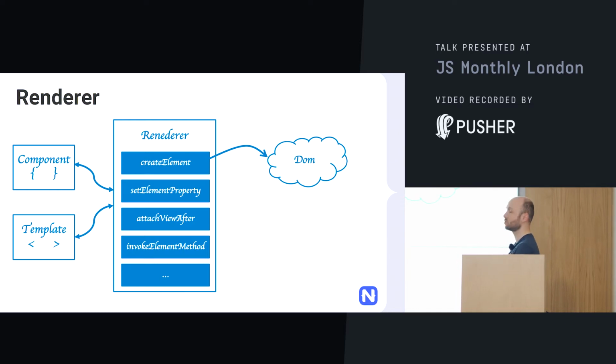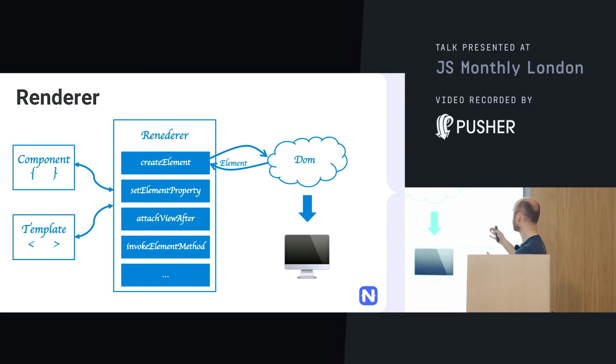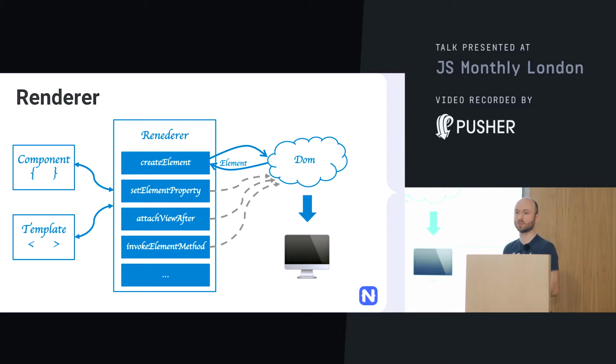When we try to create a component, the renderer will execute a specific command on the DOM to create that HTML component for us, and then return that element to us in Angular, so that we always work with the element. And then automatically, as a result, we will get something in a web browser. The renderer implements all those functions for pretty much all types of components. So that's how it's done for the web out of the box.